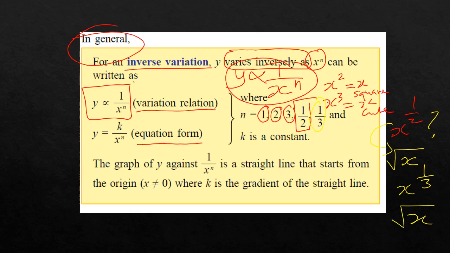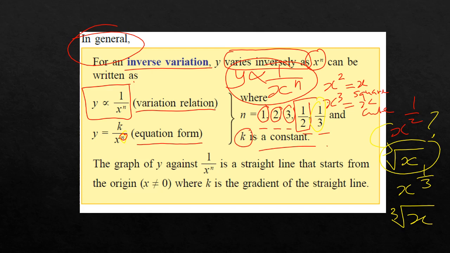You have to write a small number 3 here, but for the square root, no need, understood? So your n here can be any of these numbers, and of course k is a constant.